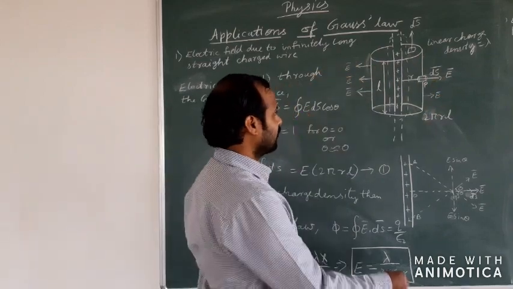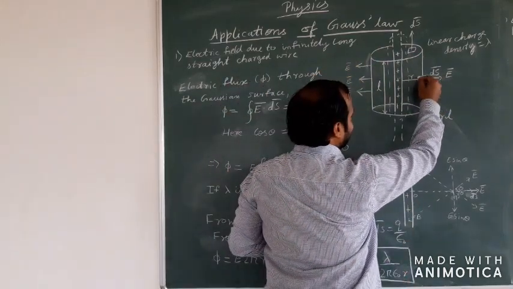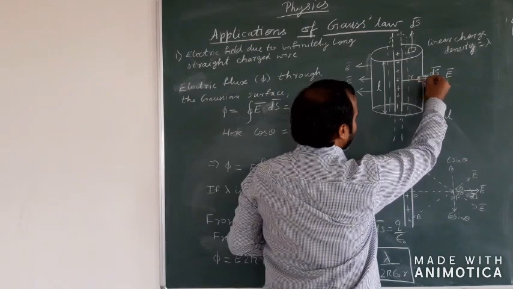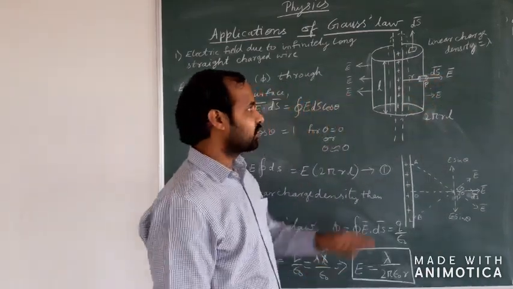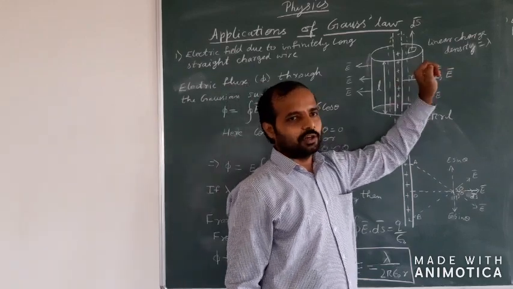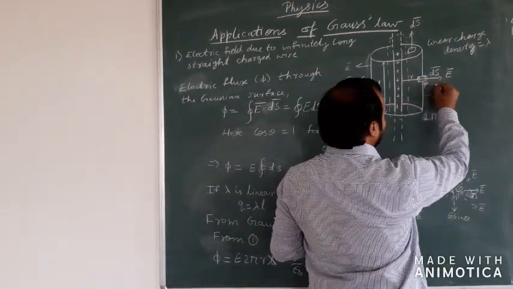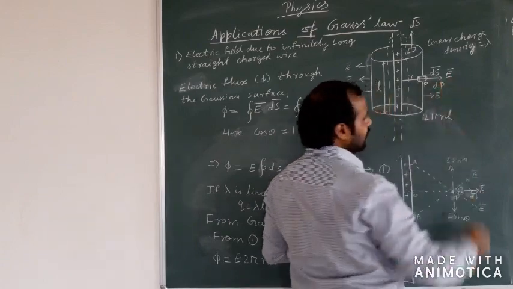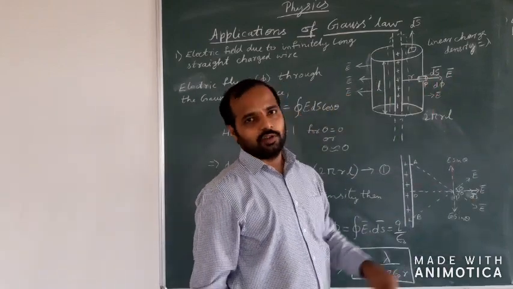So here we are going to consider a small pill-shaped box through which we find the small amount of electric flux coming out. Let's say the small amount of electric flux coming out from this small pill box is d phi.